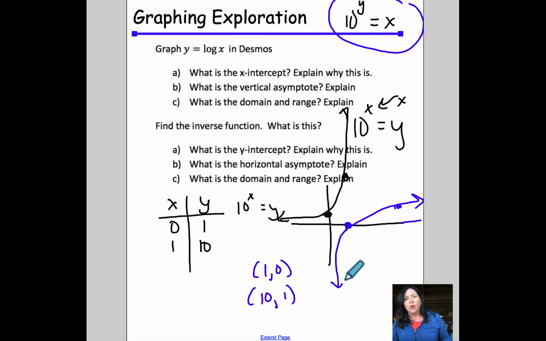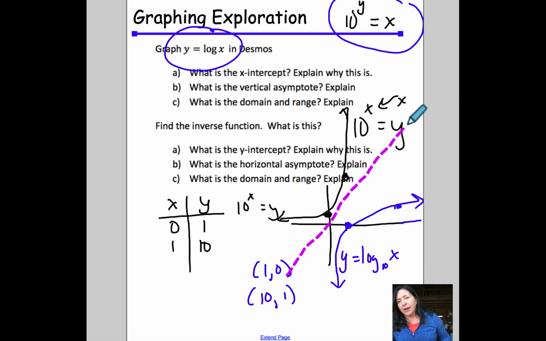All right. So graphing y equals log of x in Desmos gives you this graph right here. Y equals log base 10 of x, because log base 10 is 10 to the x. That's my inverse of my exponential. And you should recognize that it's a reflection across y equals x.